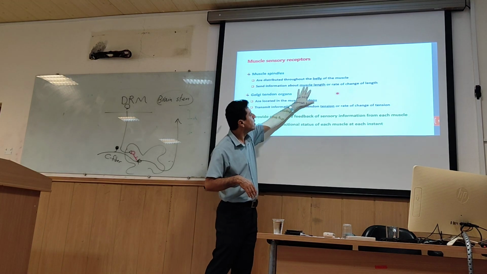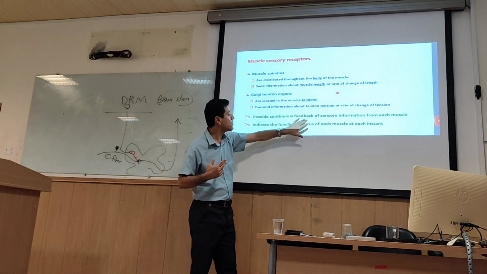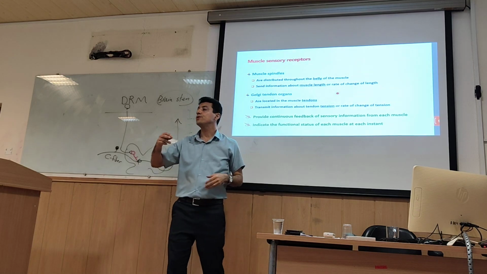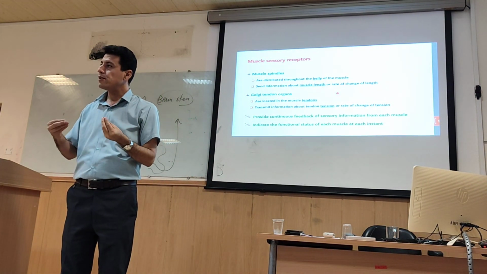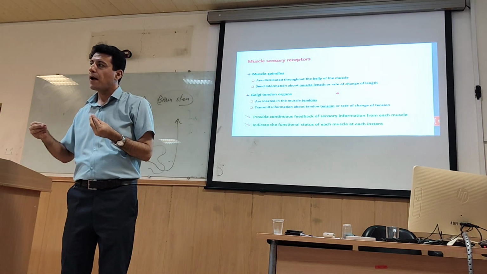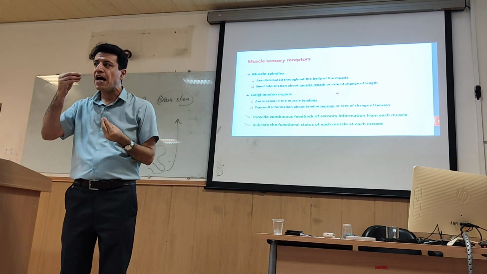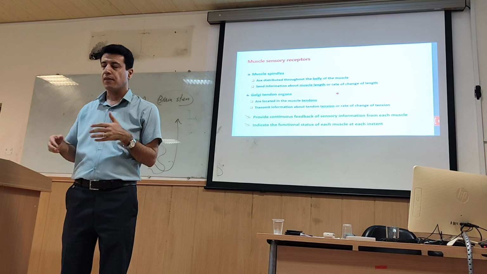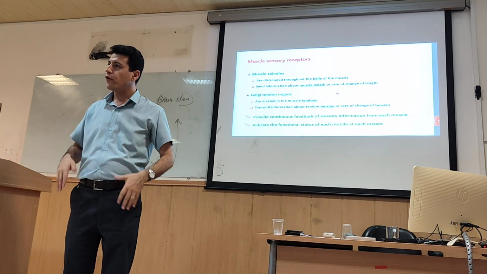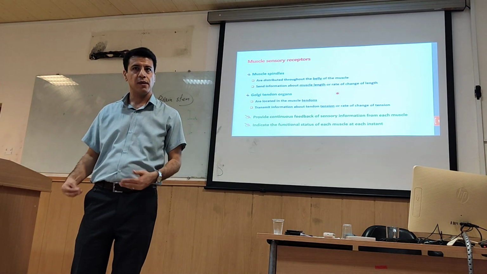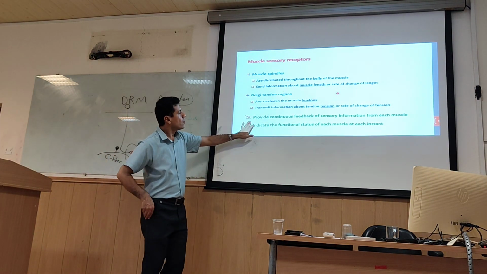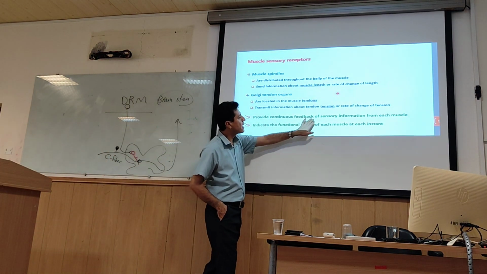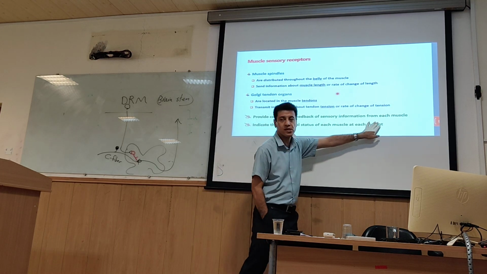The signals generated from these two receptors may have two different goals. The first one is to make the brain aware of the signals. The brain can be informed about the state of the body, the state of the muscle. Right? So they provide continuous feedback of sensory information from each muscle.